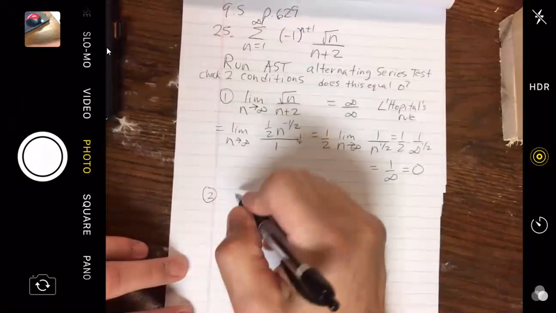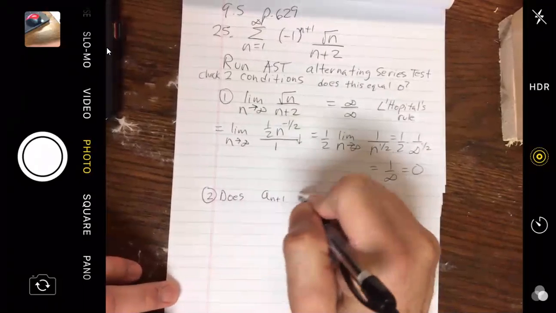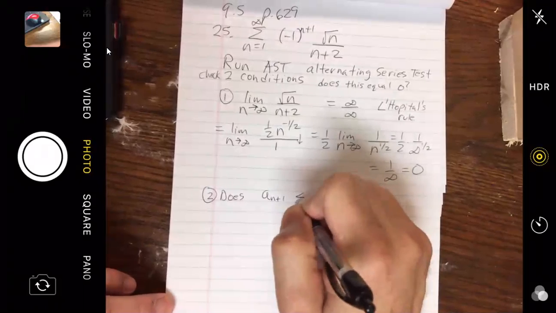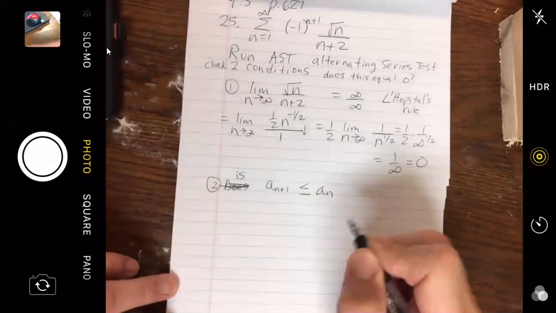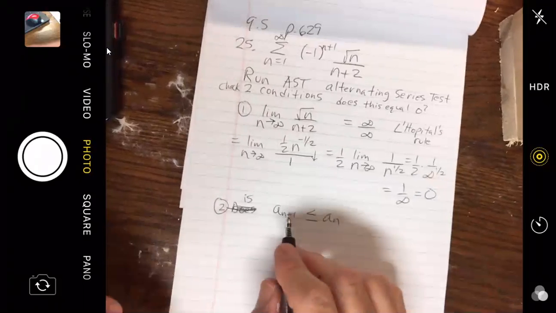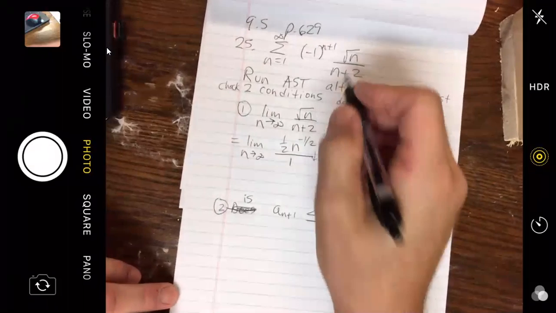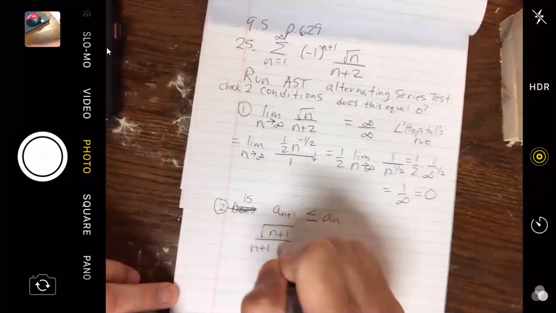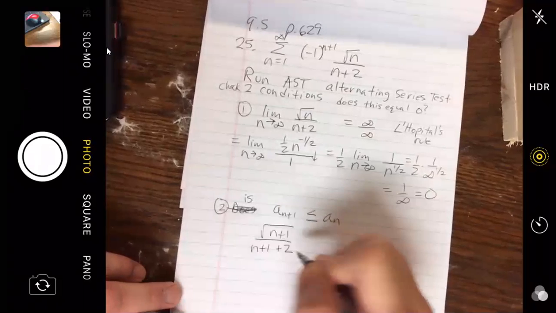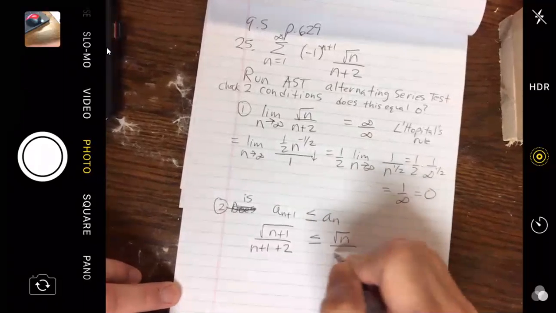So condition 2: is a sub n plus 1 less than or equal to a sub n? Does, or is, I guess, better English. All right, so again, this kind of presages the ratio test. Putting n plus 1 into this gives you square root of n plus 1 over n plus 1 plus 2. Is that less than or equal to square root of n over n plus 2?